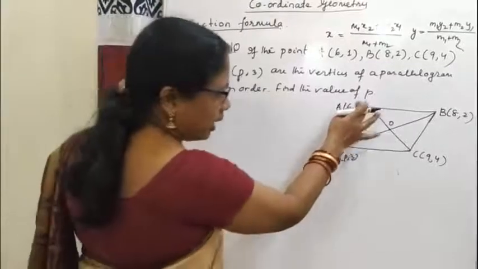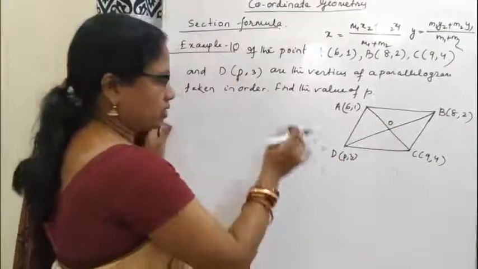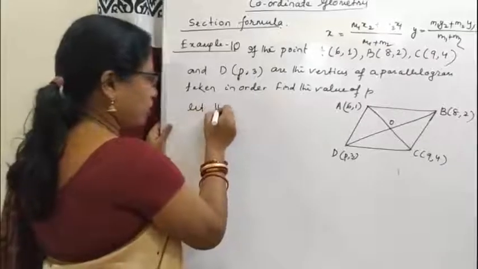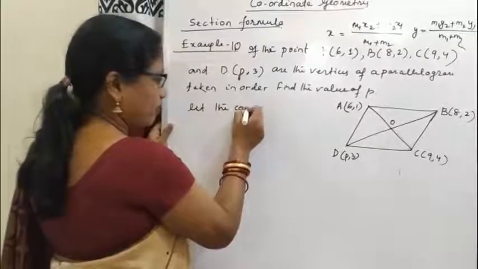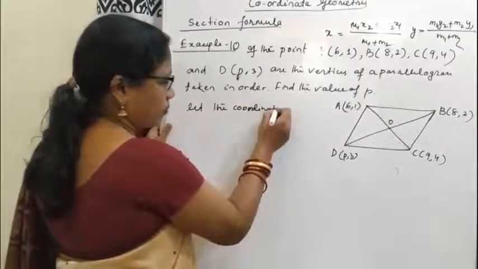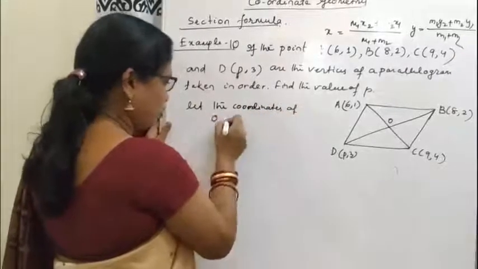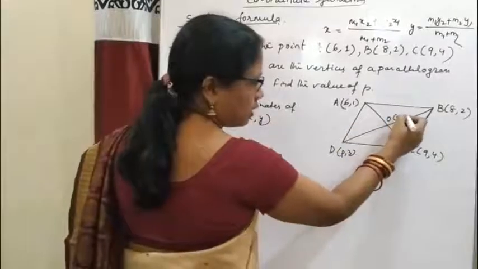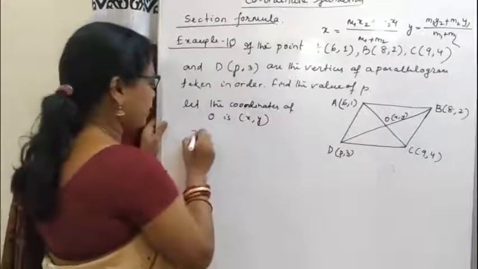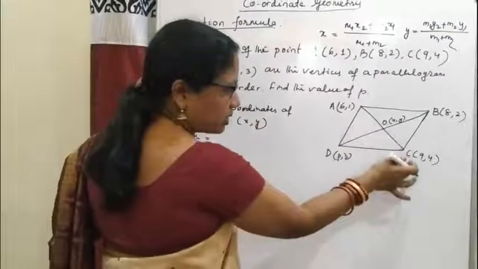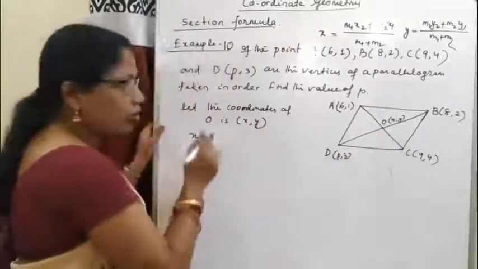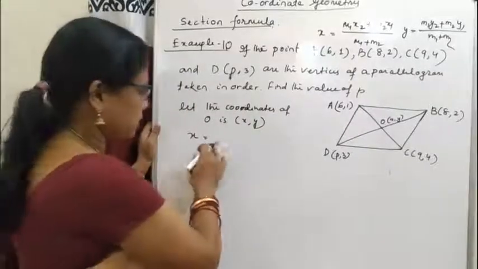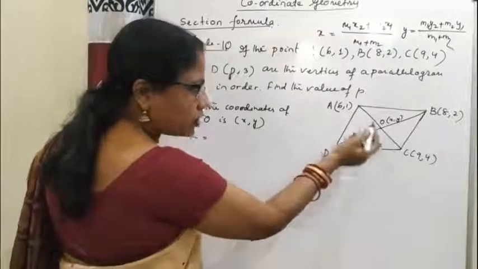So by using AC we have to find O first. Let the coordinates of O be x and y. First we have to find x by using the 2 points A and C. We know by the section formula, if the ratio is 1:1, then x is equal to x1 plus x2 divided by 2.